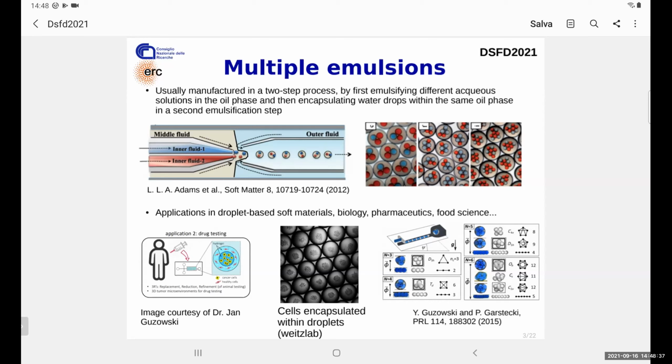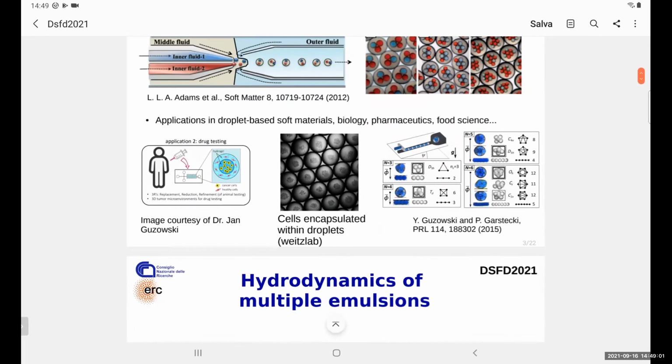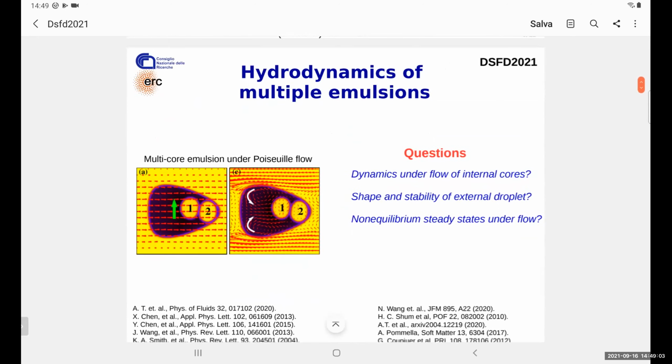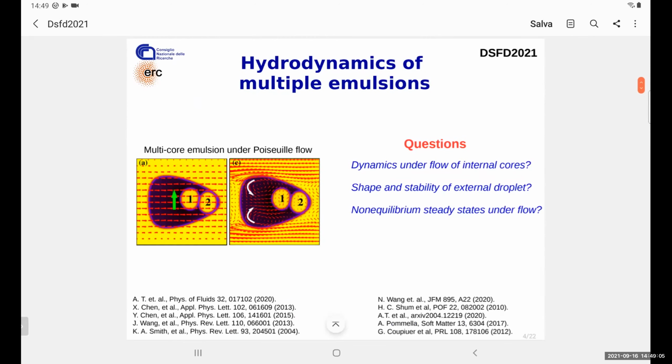So they've created this fascinating bridge between the very low length scale at molecular level and the mesoscale. The idea is to use droplets as molecules and manipulate them in this way. So it's a work that has many potentials for application, and also has a very good interest from a fundamental point of view. So this is a little bit of an overview of the possible applications of these multiple emulsions.